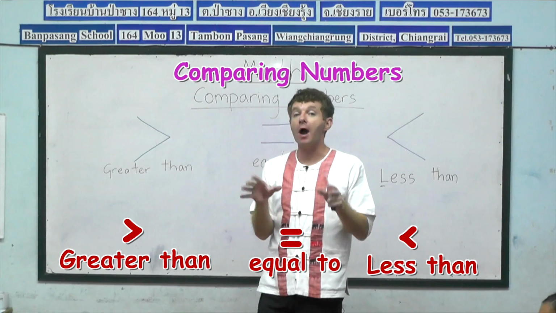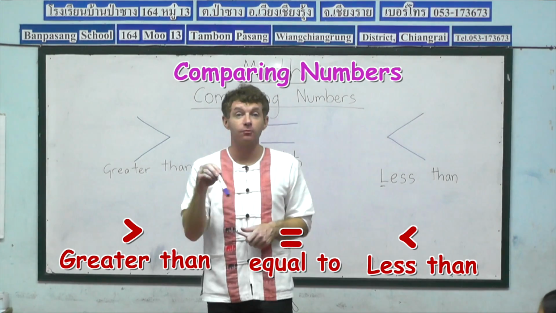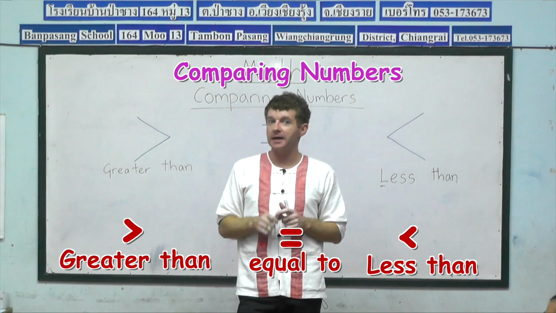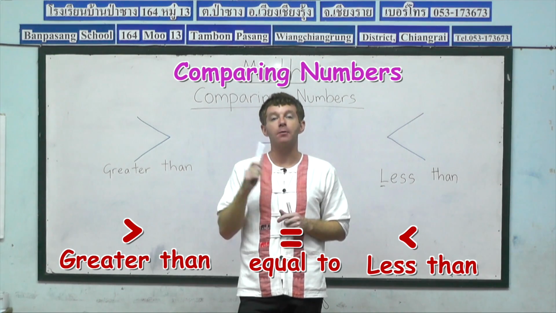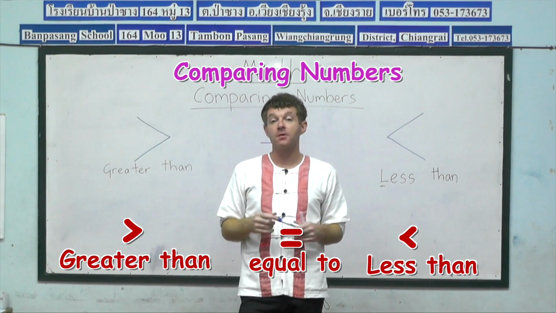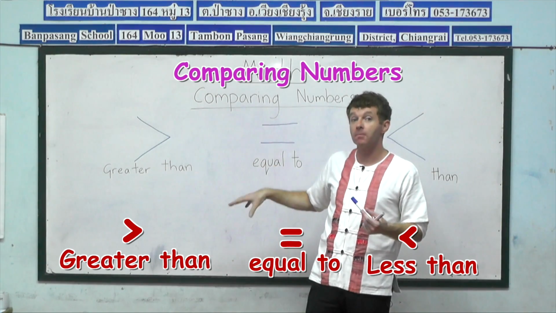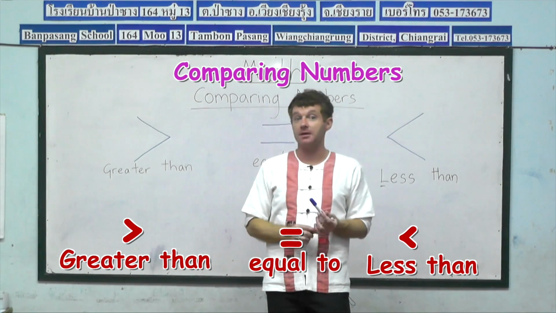Great. And what I'm going to do now, I'm going to have some of my students demonstrate their knowledge by closing their eyes. Then I will write two numbers on the board. Our students will have to come forward and compare the two numbers and write the correct symbol in the middle.